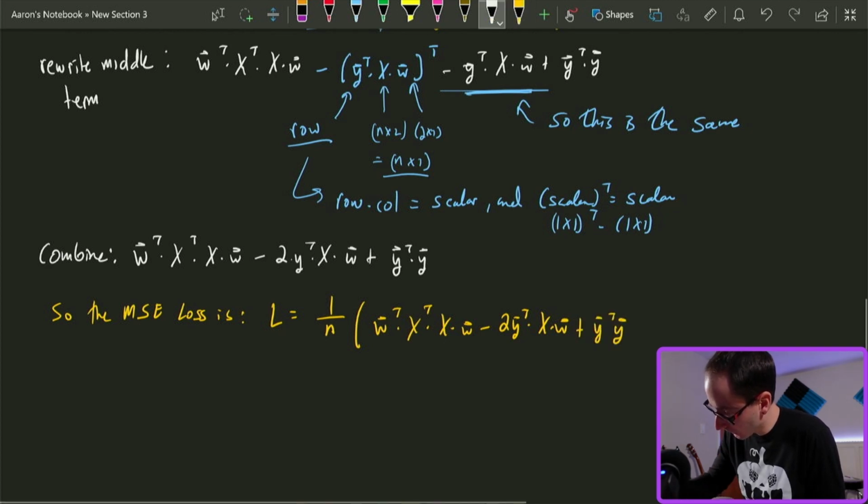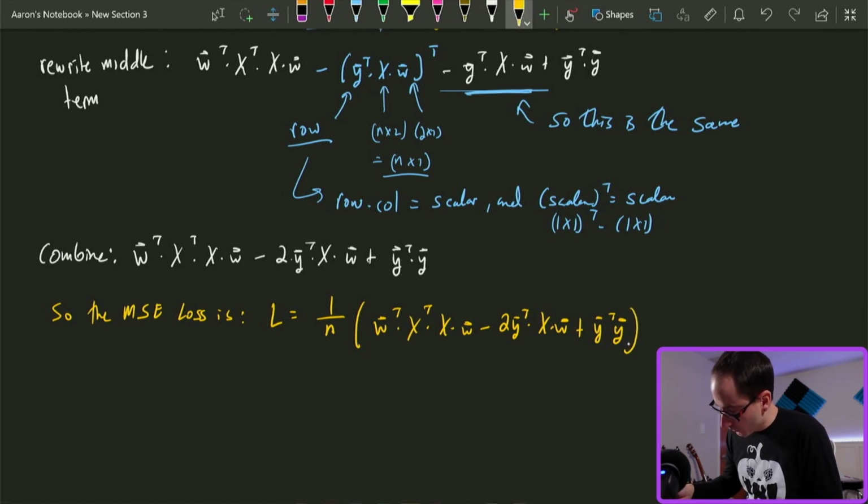And I realize I lost a vector hat right here as well. Y transpose times y. Good.